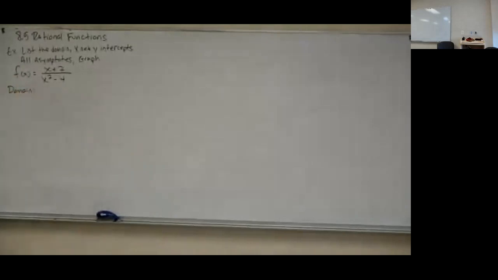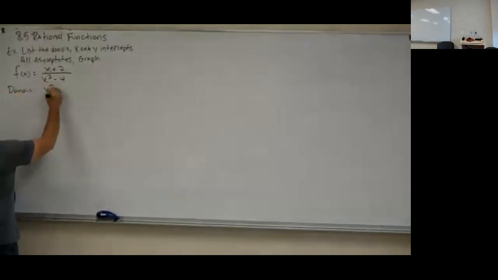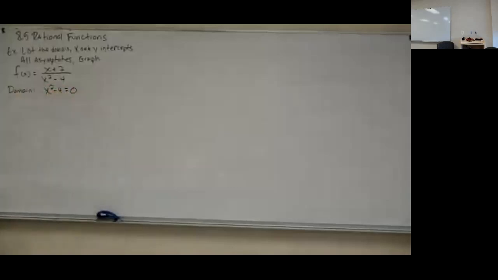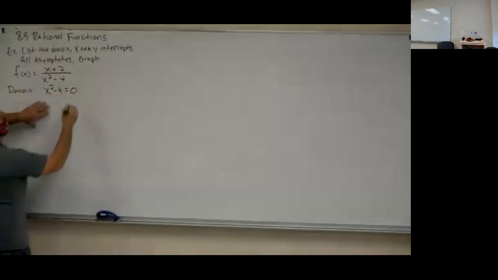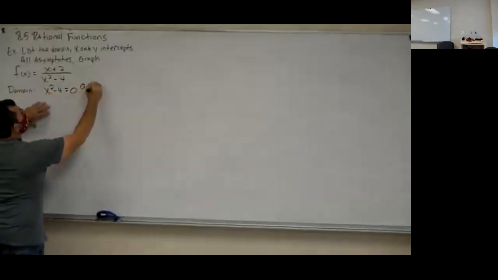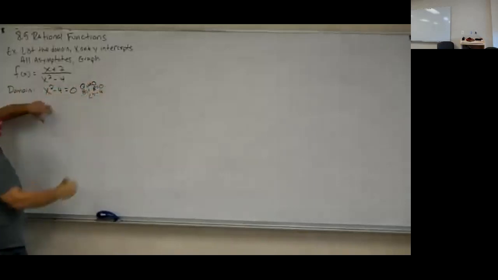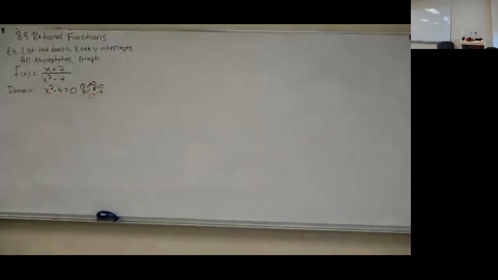To find the domain, I'm worried about the bottom of this fraction. So I'm going to take the x squared minus 4 and set it equal to 0. I'm going to solve that by factoring, but you could use the quadratic formula, where A is 1, B is 0, and C is -4. I'm going to factor this pretty quick.